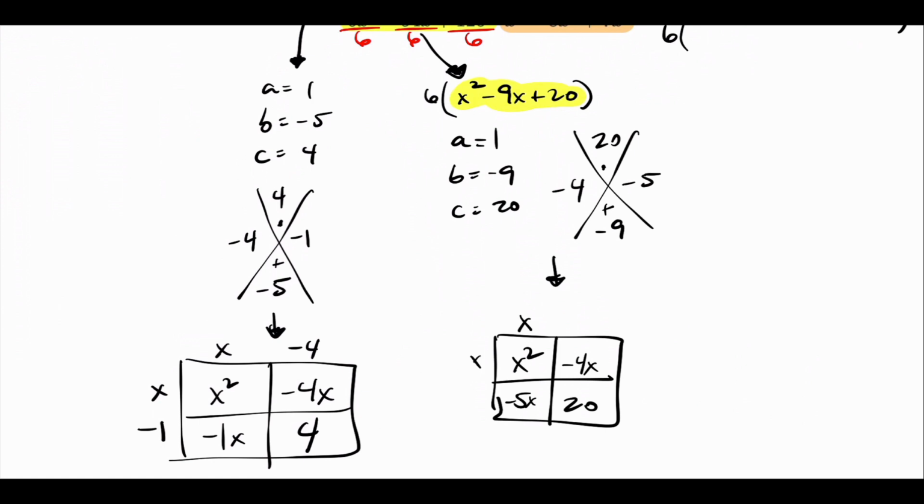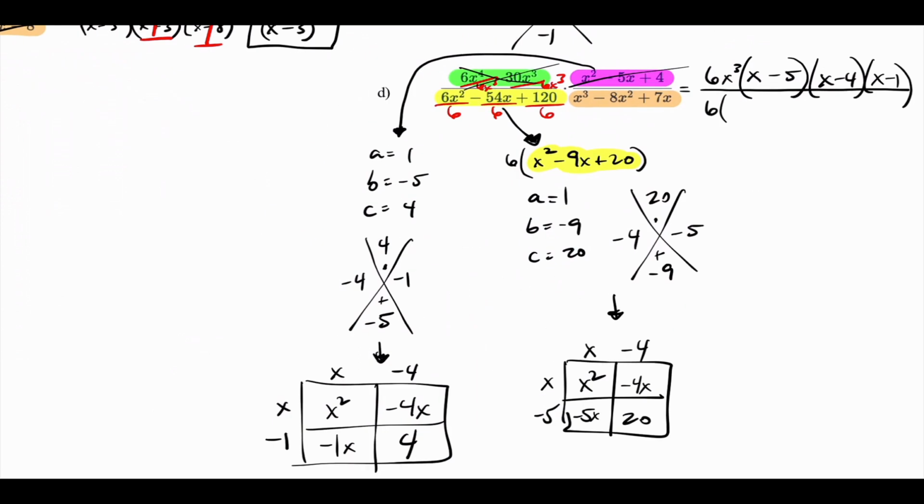Okay, so we get x minus 4, x minus 5. Just don't forget to put the GCF in front. 6 goes in front.